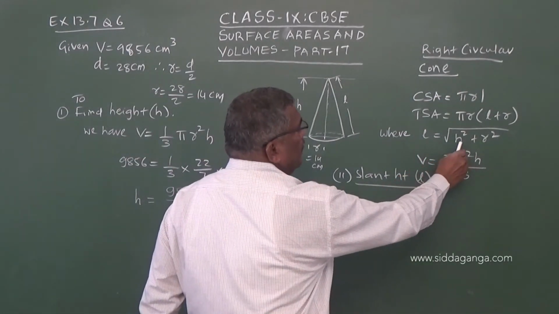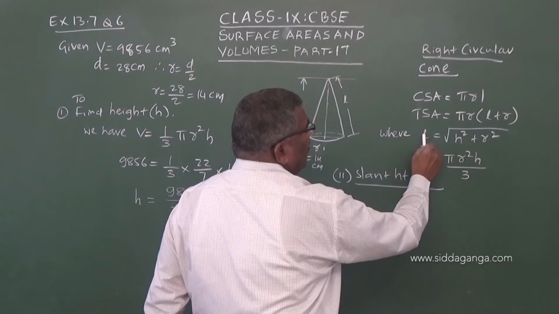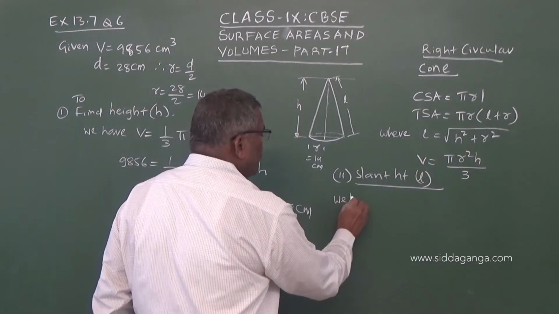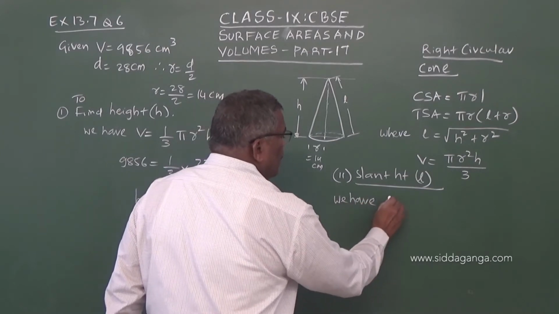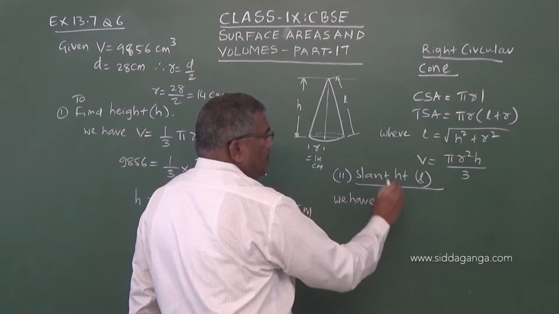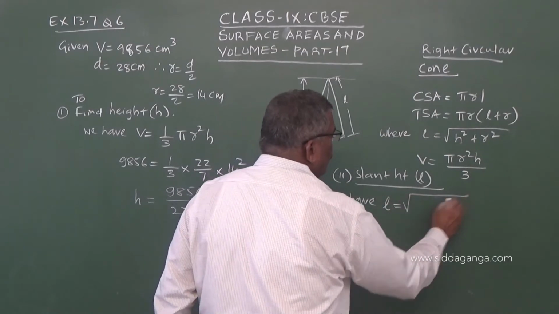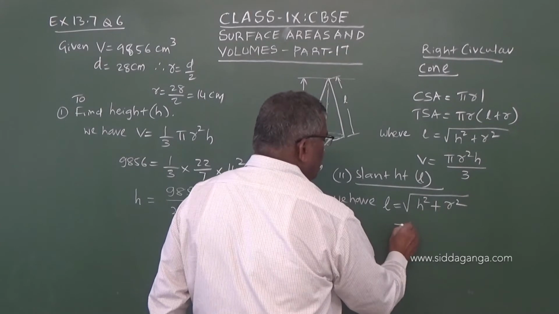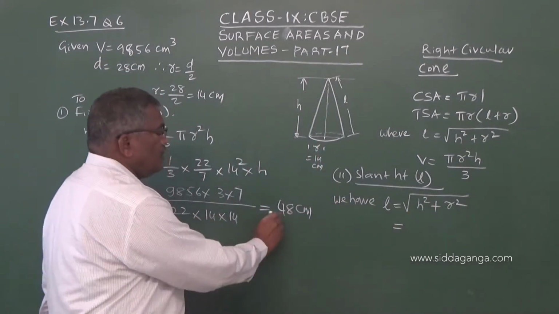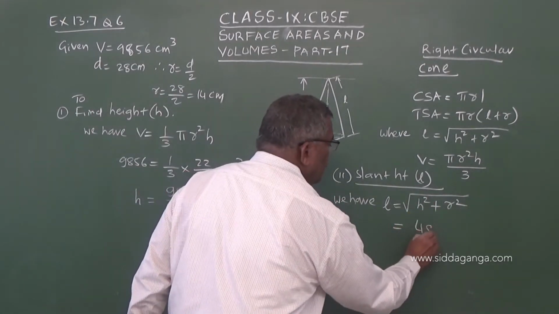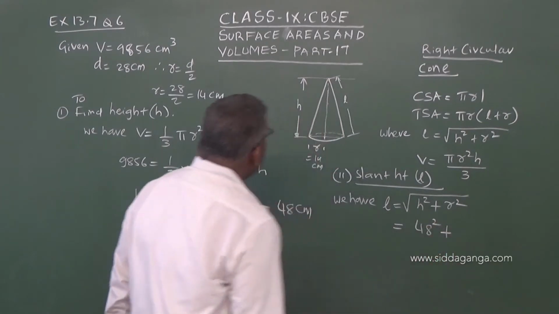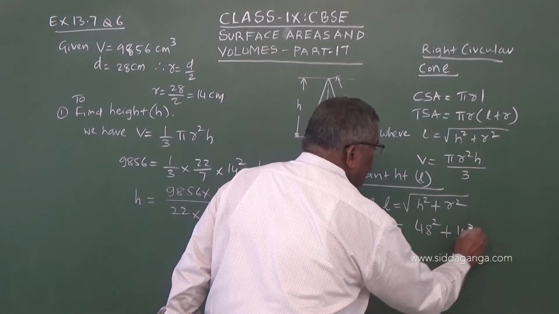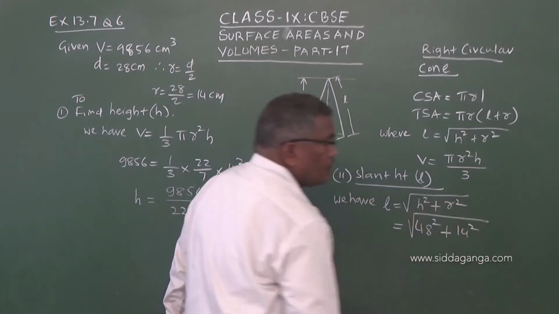Now we have the h value, we have the r value, we have to calculate L. So we have L is equal to square root of h square plus r square. So h is 48 whole square, so 48 square plus r is 14 square, the square root of these two.